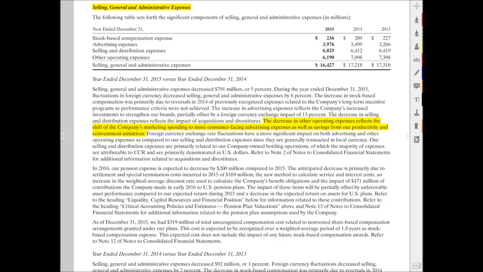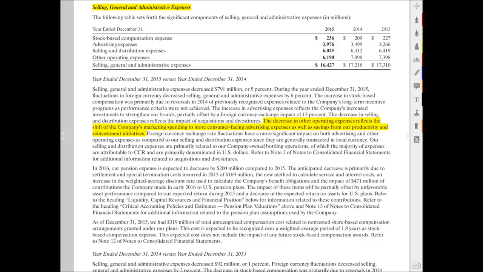You'll often find this is one of the biggest expenses because it typically includes stock-based compensation. Here in Coca-Cola's case, it includes advertising, selling and distribution, and then there's this other line, other operating expenses, and it's $6 billion.